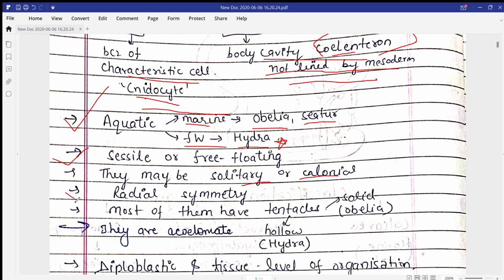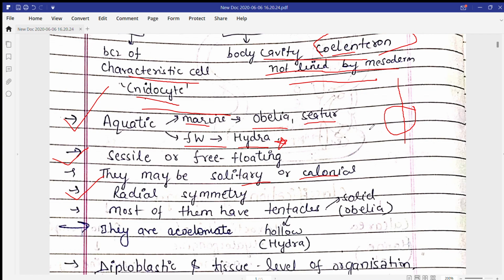Now, what is radial symmetry? Radial symmetry is a symmetry in which, if we take any organism and want to divide it into two equal halves, it can only be divided into two equal halves when we divide through its central axis.